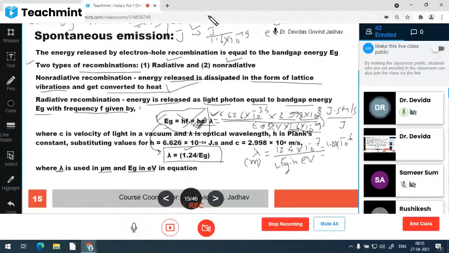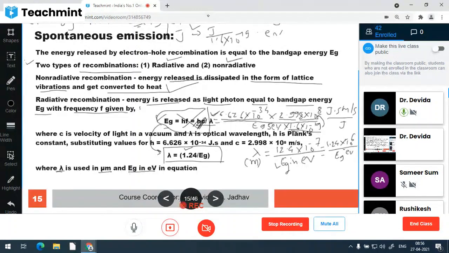So the decimal point location is shifted to the left side, so 10 raised to minus 7 becomes 10 raised to minus 6. Now 1.24 into 10 raised to minus 6 divided by Eg in electron volt. Okay.